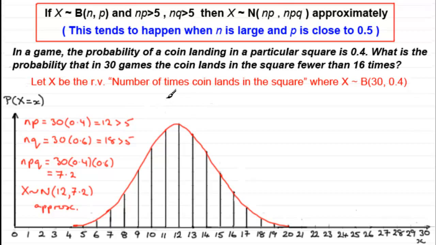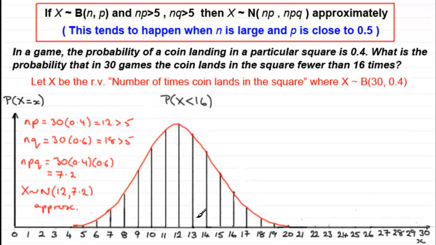So how do we go about working out the probability that x is less than 16? Well, to do this, we need to think of working out the area to the left of 16. But we're dealing with a discrete probability distribution and only approximating it to a normal distribution, which is continuous.